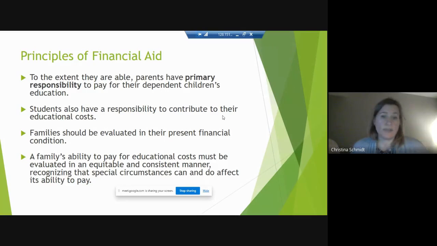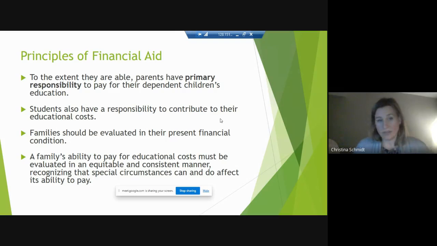Families should be evaluated in their present financial condition, and in the rest of the presentation we'll get into what that means. And then finally, a family's ability to pay for educational costs must be evaluated in an equitable and consistent manner, recognizing that special circumstances can and do affect its ability to pay.